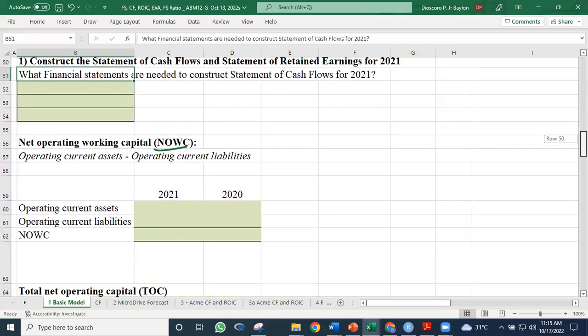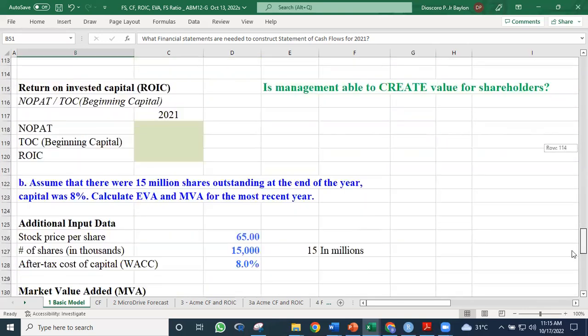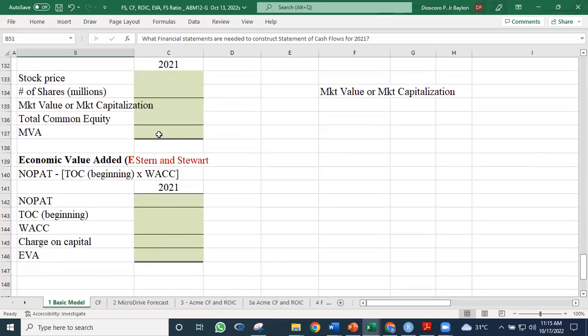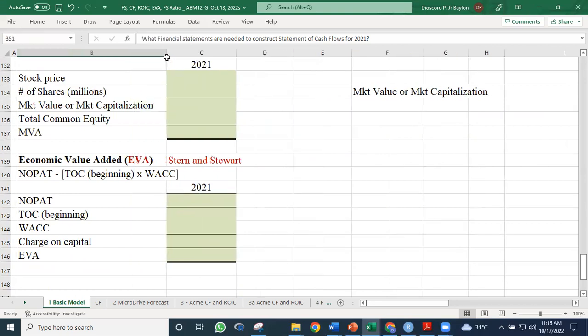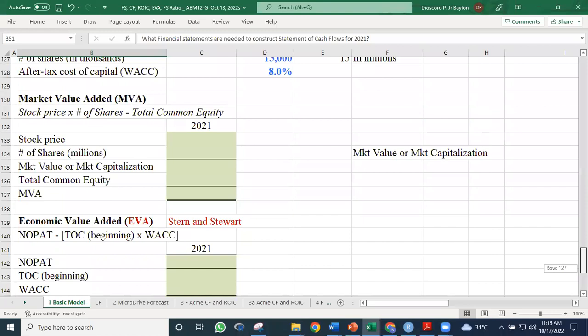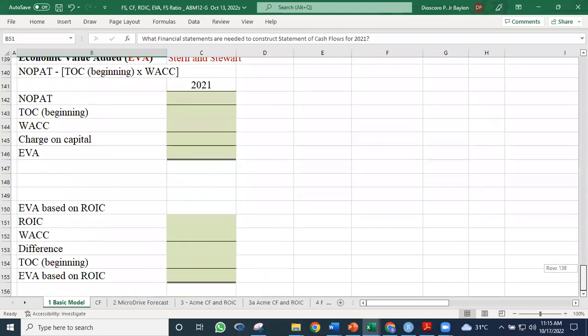But first, let's compute some metrics which are very important for us, like economic value added, market value added, and the return on invested capital.